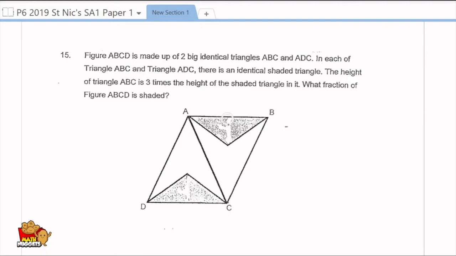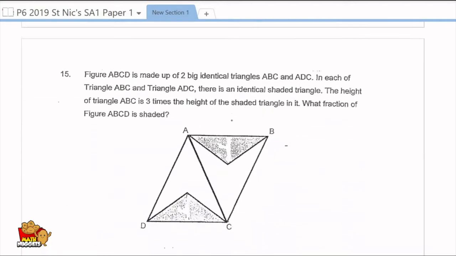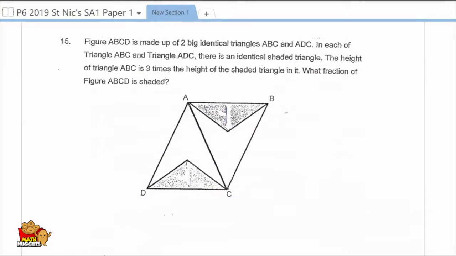So we know that this is 1u, and the whole thing from here to here is 3u, which means we know that this will be 2 units. This is 1 unit, because the whole thing is 3 times that of the shaded part.